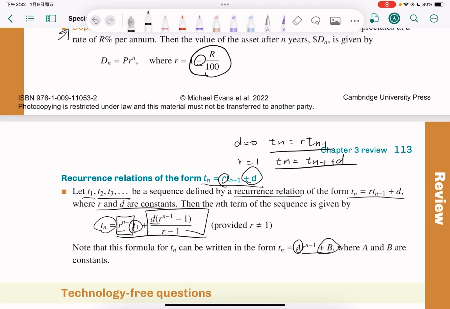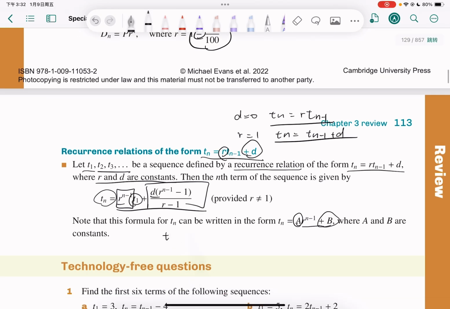A very common example is when they give you a recurrence relationship Tn equal to 1.05 Tn minus 1 plus 500.